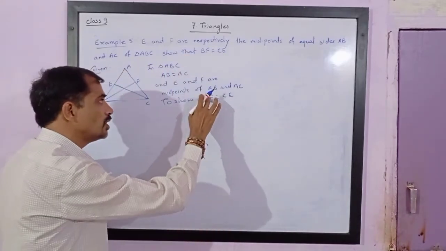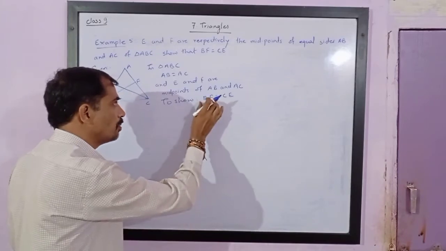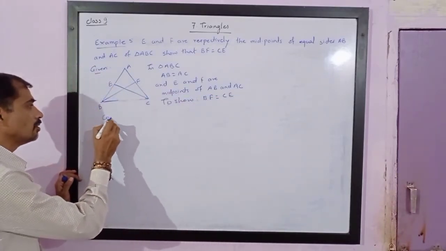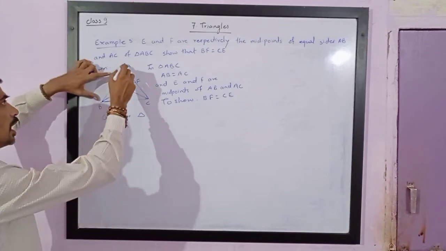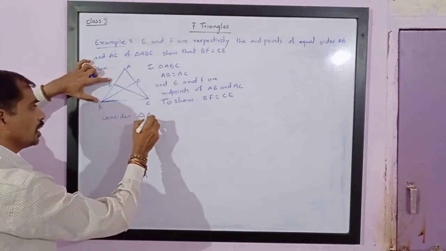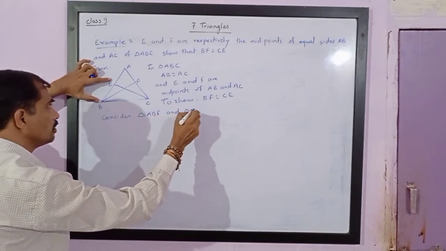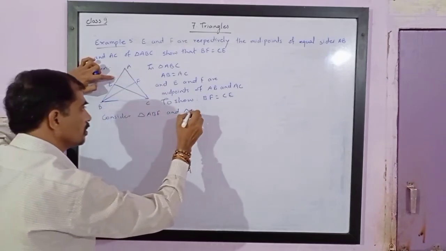If they are sides of congruent triangles, then we can show that BF is equal to CE. So for this, consider triangle ABF and triangle ACE.